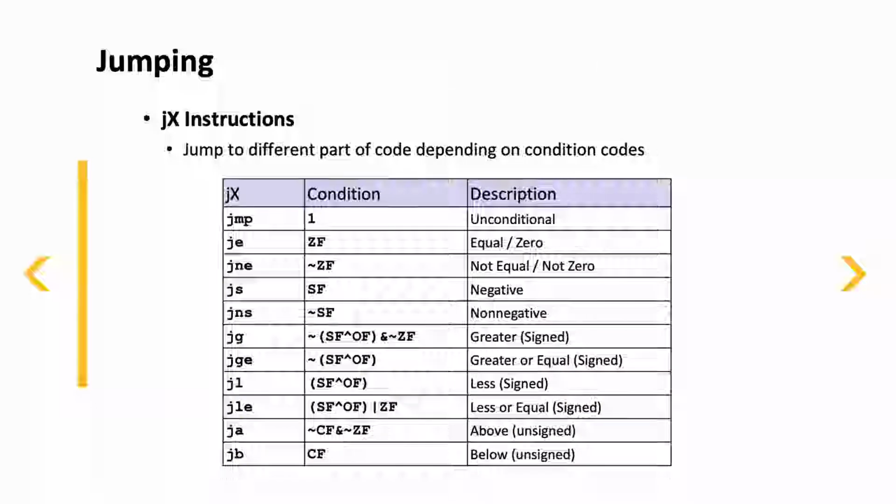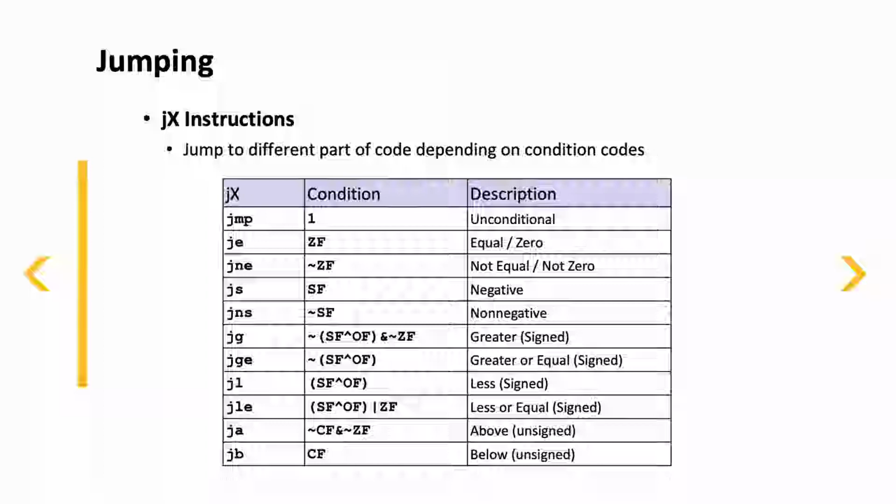And that brings us to jumping. Our jump instructions jump to different parts of code depending on the condition code. So we're going to look at the condition codes and evaluate them in the same way that we did with the set instruction, right?